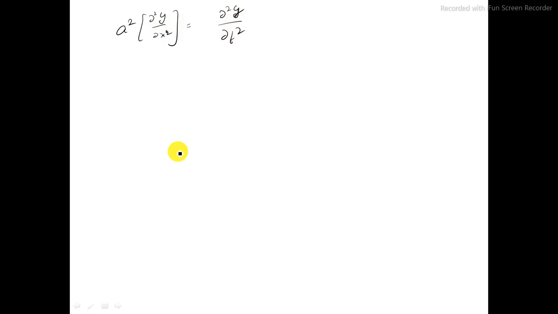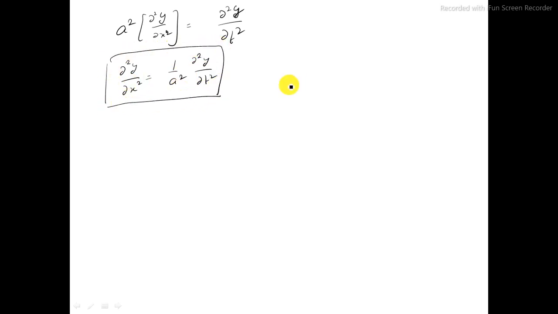We can also write it this way, taking a on the right side. This is the differential equation of second order, which is called the wave equation.